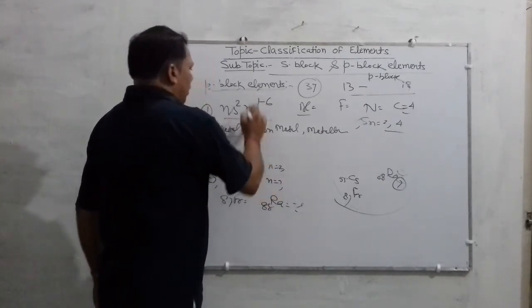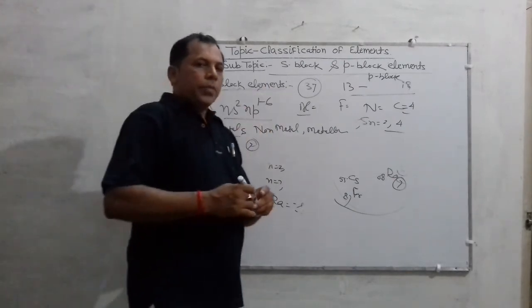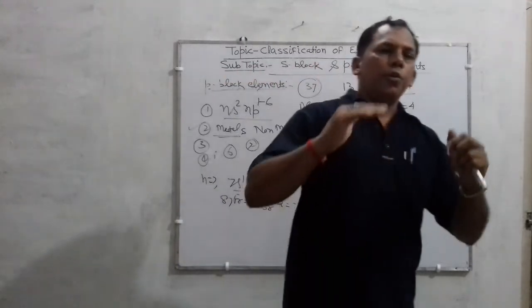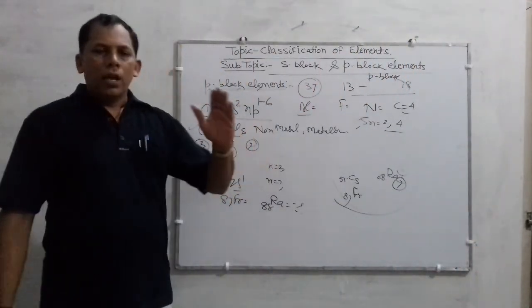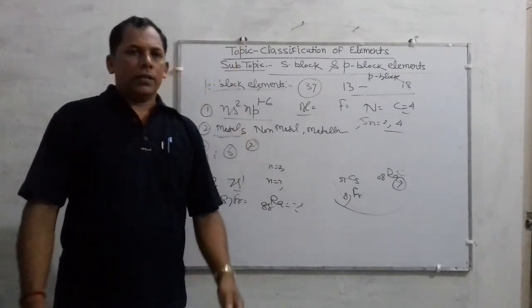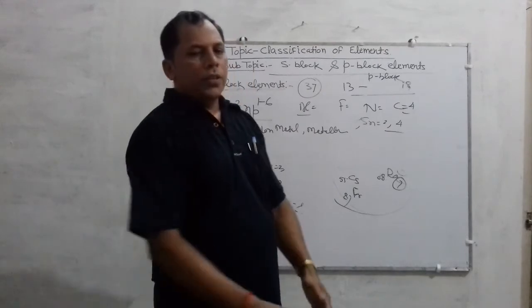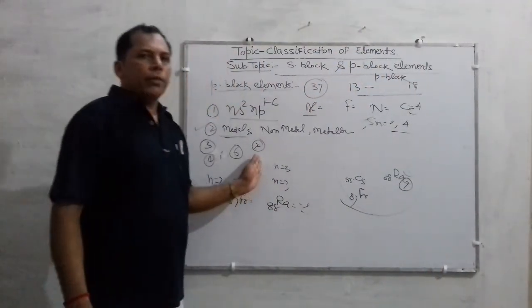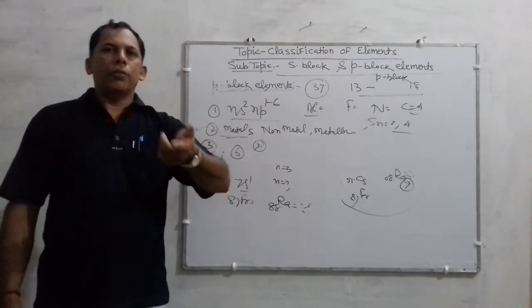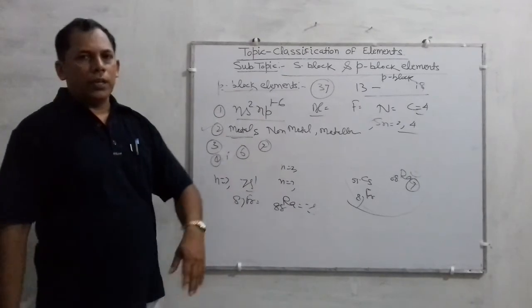The elements which are present in P block have a tendency to form anion. That's why they possess highly electronegative character. Listen, the elements which are present in P block generally have a tendency to form anions. That's why they possess high electronegative character, or they are highly electronegative.